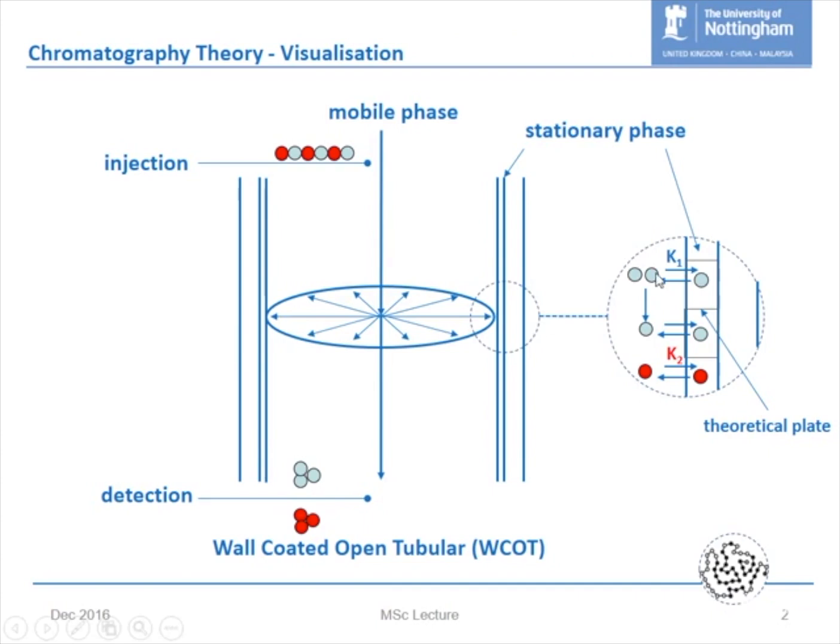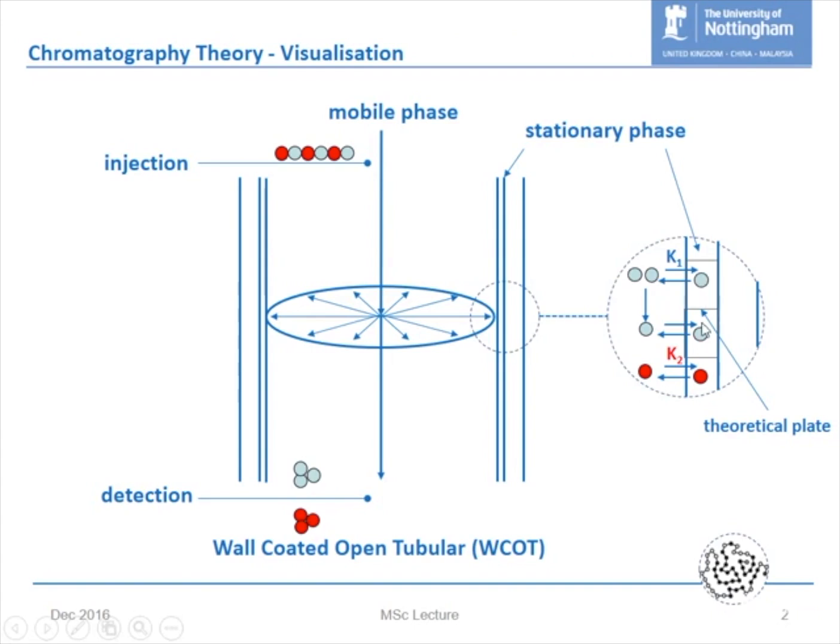But equally, there could be another molecule adjacent to it which doesn't go into the stationary phase and isn't retained, but will continue down the column. And then at some point later on, it will interact with the stationary phase, and you can see this equilibrium going on. So this is basically what happens.